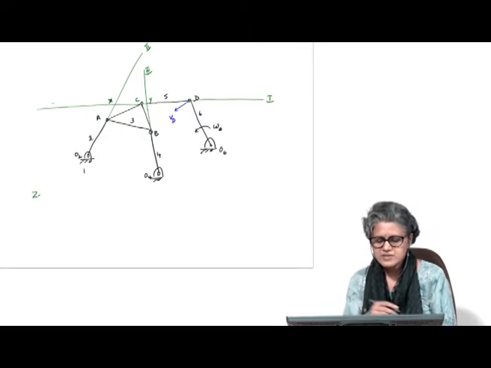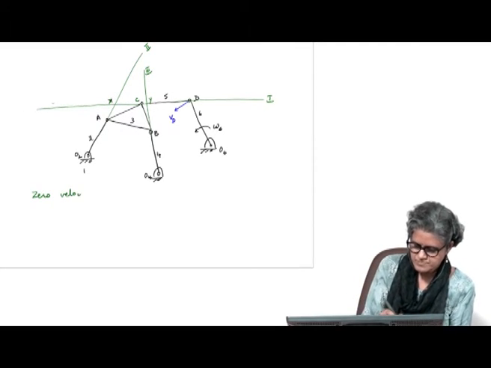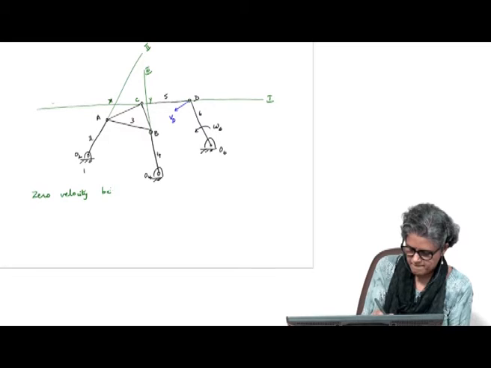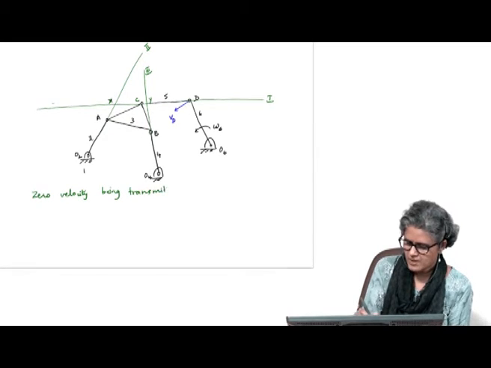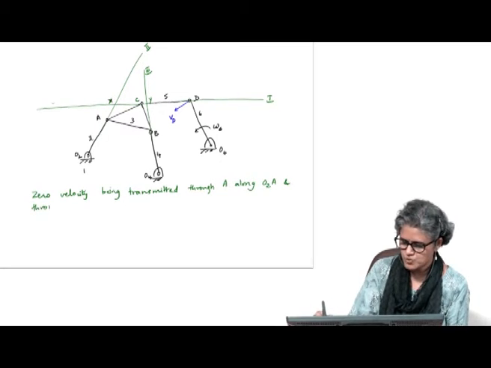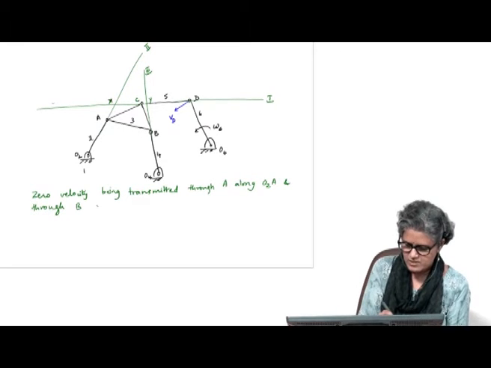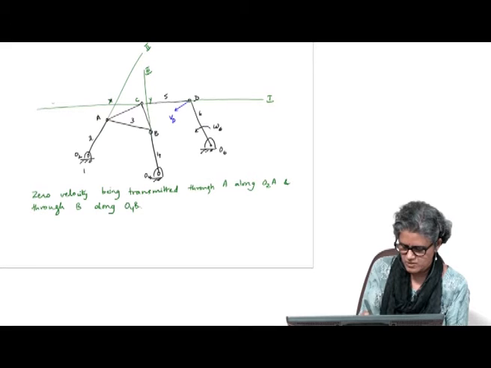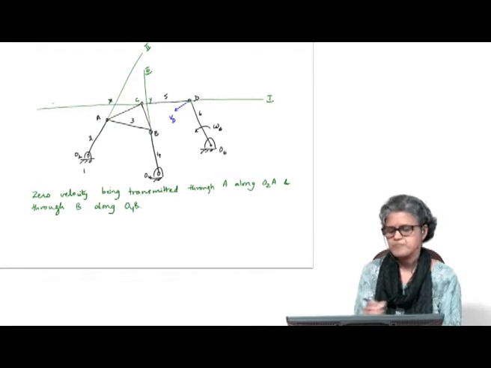And I have 0 velocity being transmitted through A along O2A and through B along O4B.